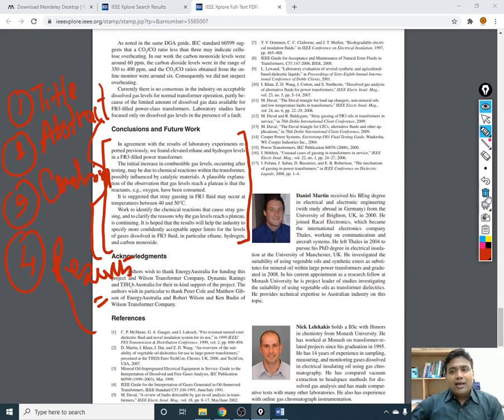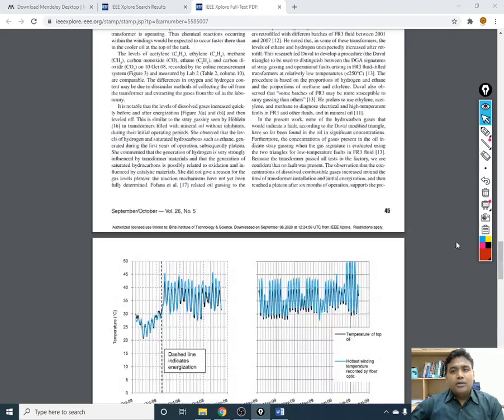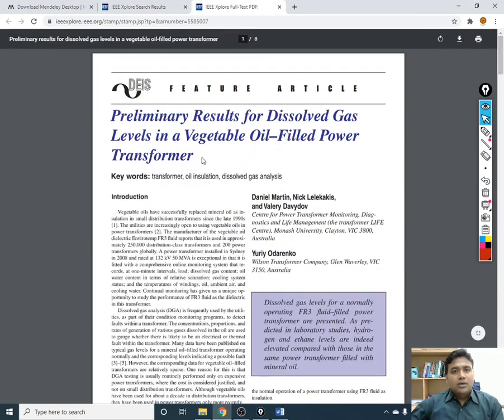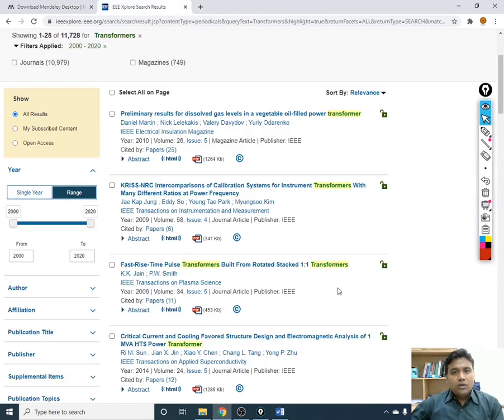So here I have just shown you one important magazine paper. Let us see one transactions paper, which is a journal paper. By reading the title also you will understand.